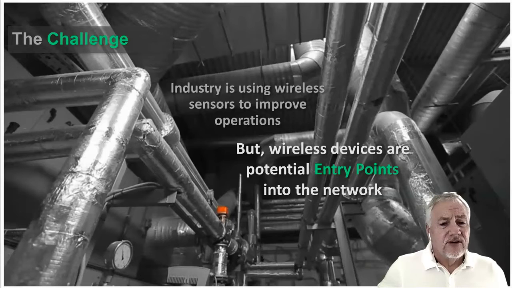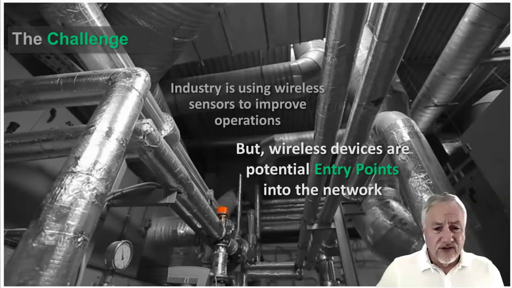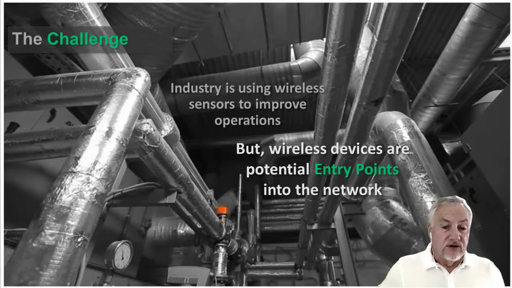But of course, the difficulty is that wireless devices always add a particular entry point into the network for an attacker. So particularly those that are older systems that have been installed for a while create a new attack vector that you don't want in your plant.